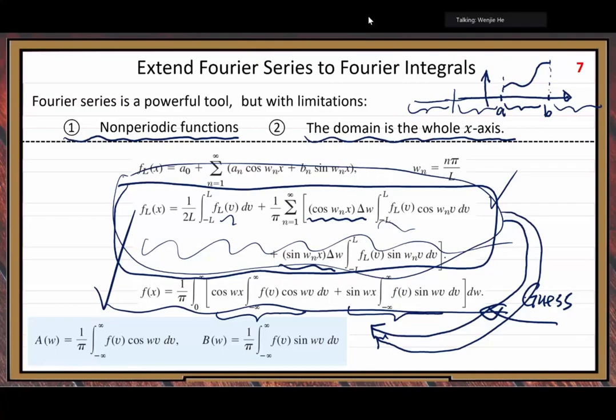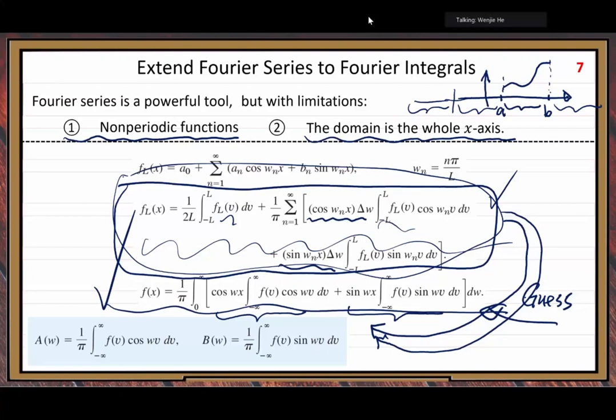Now, for this final formula, we want to look at its meaning. When we start, we have a given little f function, and we do not require it to be a periodic function.